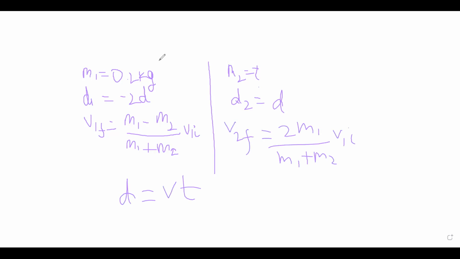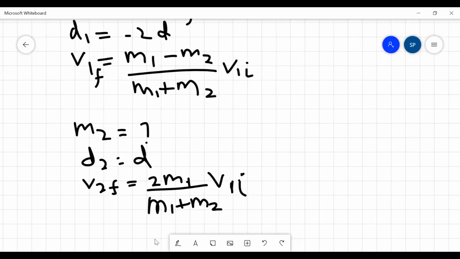So when we do it for each of these masses, you can write minus 2d equals v1f times t. Yeah, so we have v1f and v2f. Now what next?